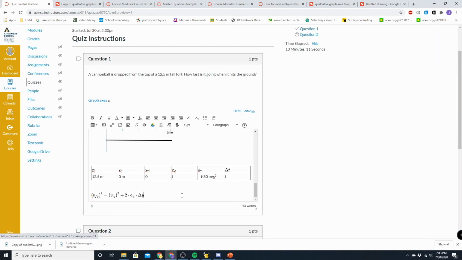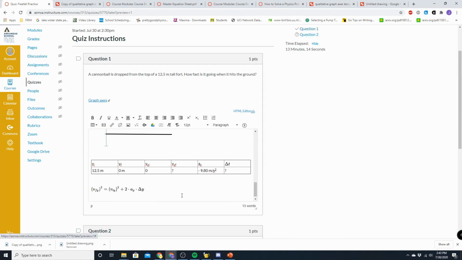Now, we are not ready to put in numbers for that yet. We need to solve for our variable that we're trying to find, and that, of course, is the v Fy. I don't worry too much about the order of these subscripts. We know that y is the direction we want to go, and f is the final or initial, in this case final, right?